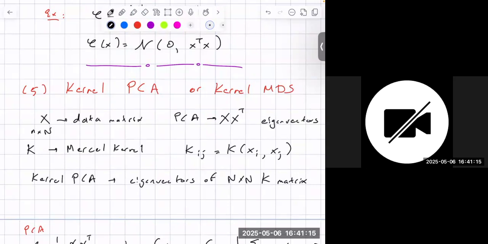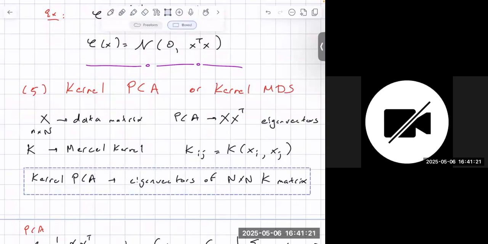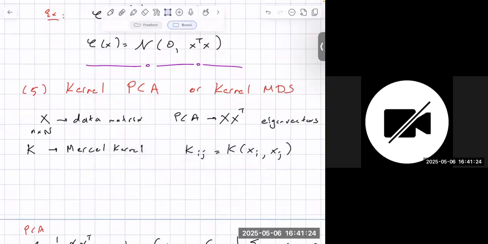If you have, let's go slow, and this difference is important. Let's say I've got a whole bunch of data points, x1, x2, up to xN, capital N, living in R^n. And we stack them up as a data matrix.